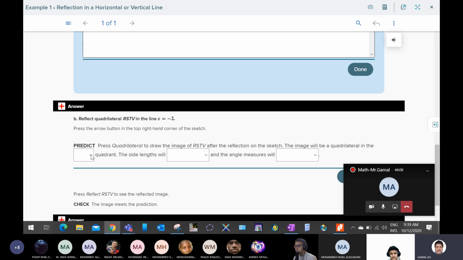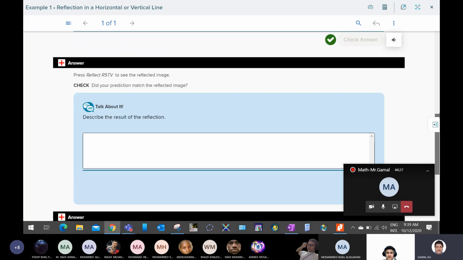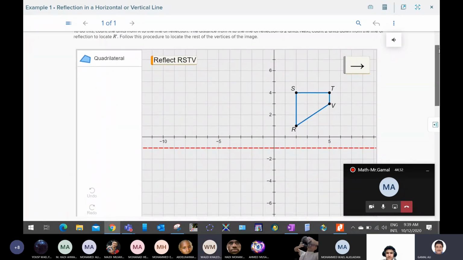RSTV after reflection will be in the fourth quadrant, as we said before. Sorry, we changed the line. It is x equals negative 2.